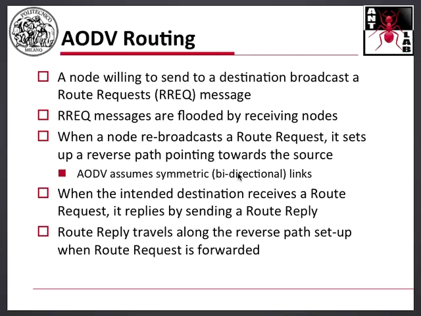In the end, the hope is that at some point the route request message, relayed by all the nodes, will reach that guy. And that guy, the destination, recognizing its own address in the route request, will answer back with a so-called route reply message.